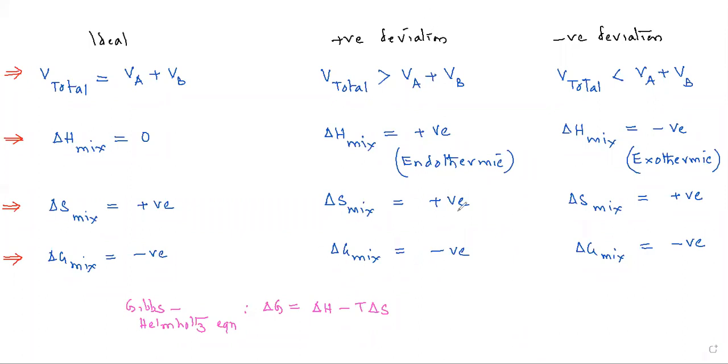In general, for a reaction to be spontaneous, delta G must be negative, isn't it? Of course, there are several other factors, but finally, we decide whether a particular reaction is spontaneous or not on the basis of delta G. Delta G is negative, the reaction is spontaneous, right? Okay.